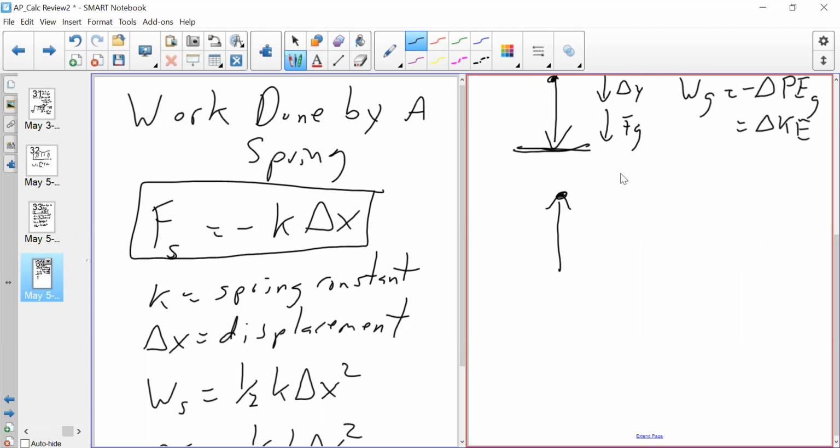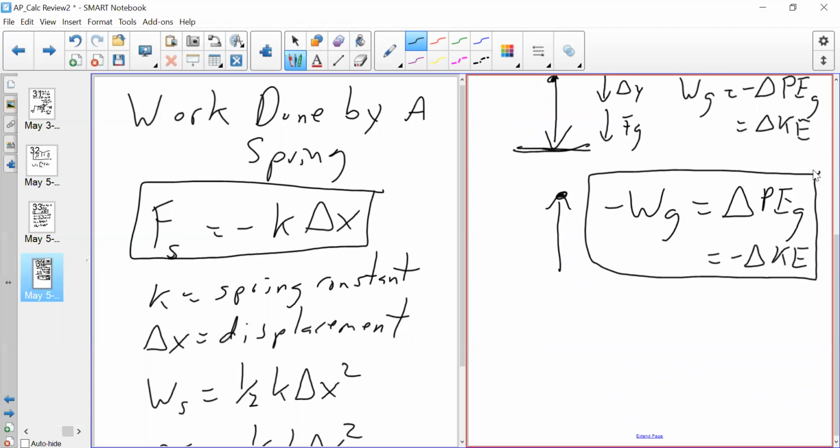The work done by the force of gravity will be negative, which in turn is equal to the increase in gravitational potential energy, which in turn is equal to a loss in delta KE. Because at this instant the final kinetic energy will be 0, since the final speed is 0. So 0 minus whatever it was, negative. It's just the opposite, vice versa relationship.